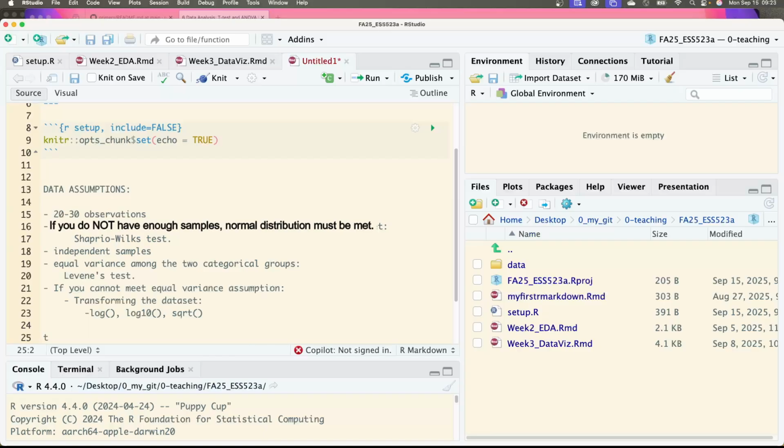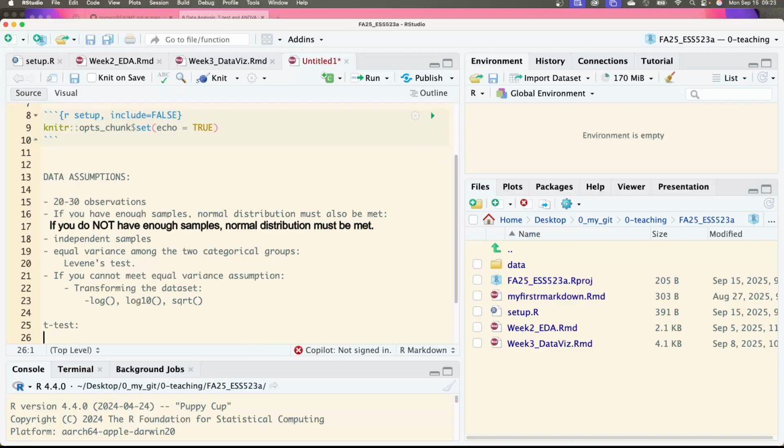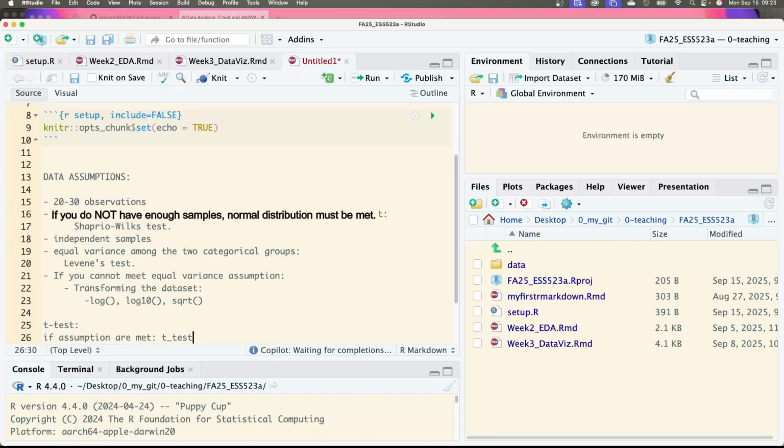So for the t-test, if your assumptions are met, you can just perform the t-test function in R. Within that function, there's an argument that's, I believe, var.equal equals TRUE.